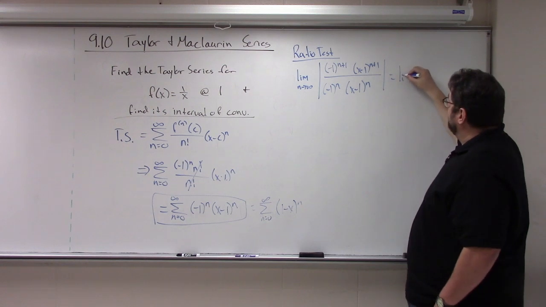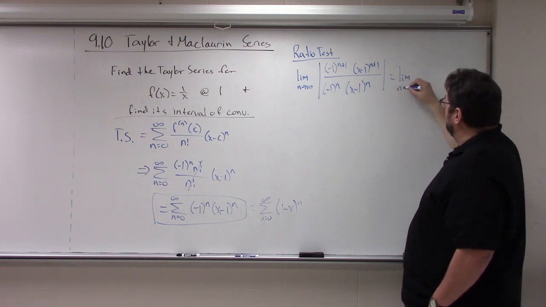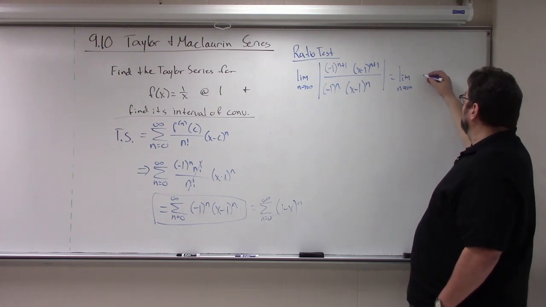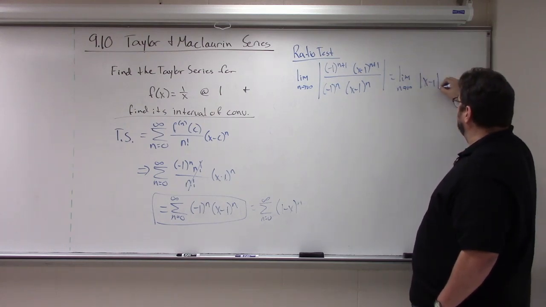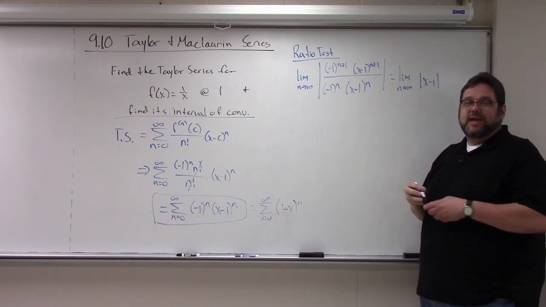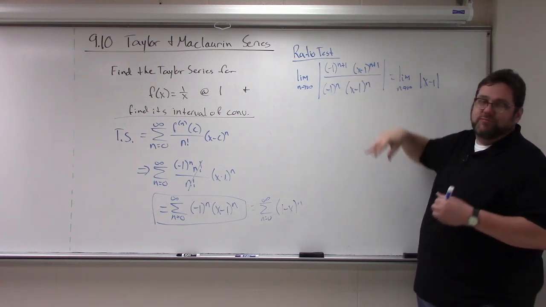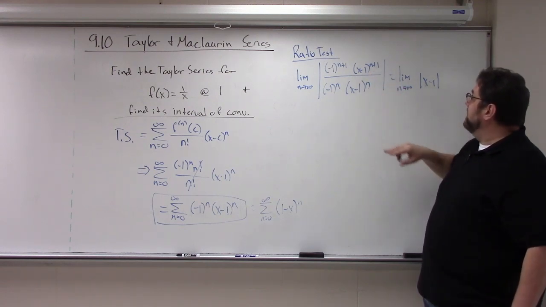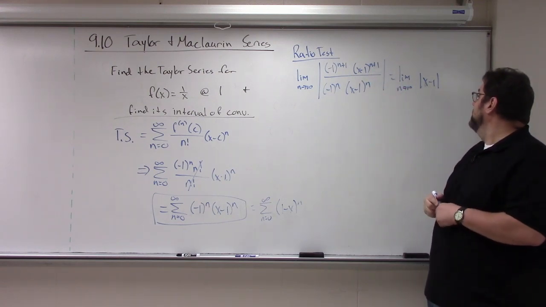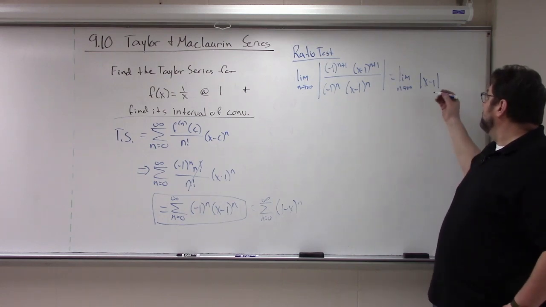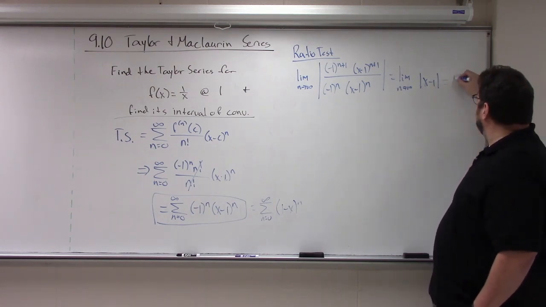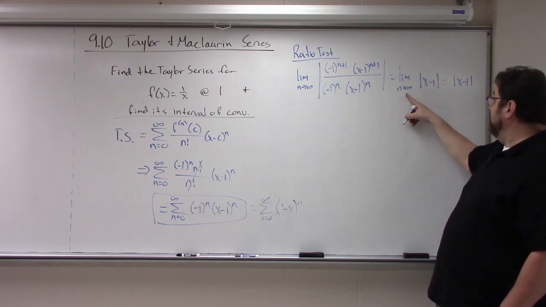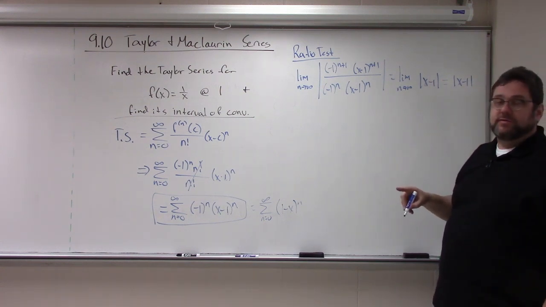A lot of stuff's going to go away, and it's just going to be absolute value of x minus 1. Remember, when you take the absolute value of these -1 to the whatever's, they just basically go away. To the n plus 1 over n, that just leaves us one of these. As n heads to infinity, this limit is just going to be absolute value of x minus 1. All right, because n has absolutely no effect on this.